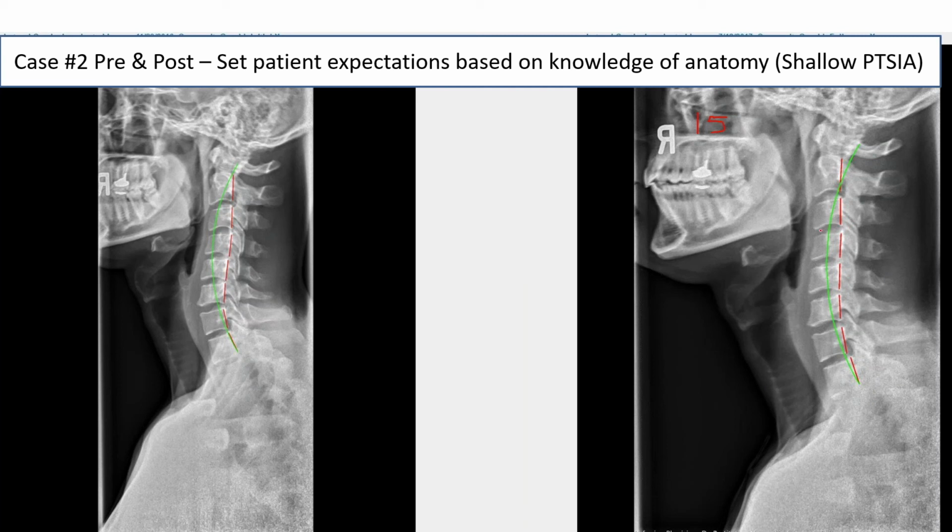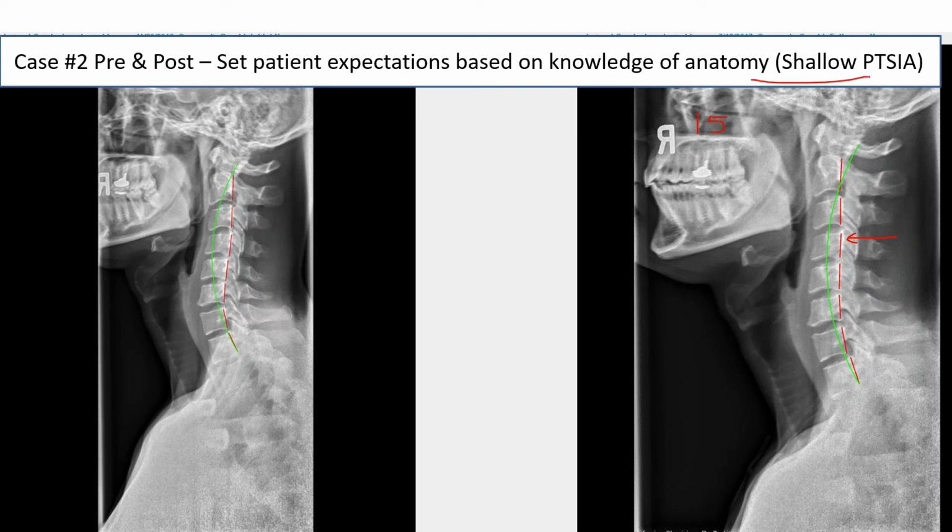There's still a bit more work to be done, and maybe if we had placed the peak of our Denneroll just a hair higher, it would have been a little bit better, right? But we've reduced the kyphosis, and we've reduced the amount of hyperextension or instability at C6, C7. So he's got a slightly better neck curve, but overall a much better position, functionality, spine, and nervous system. So this is a successful correction.